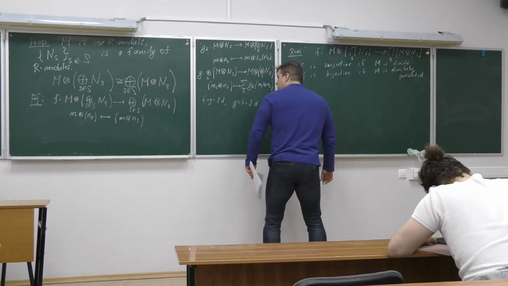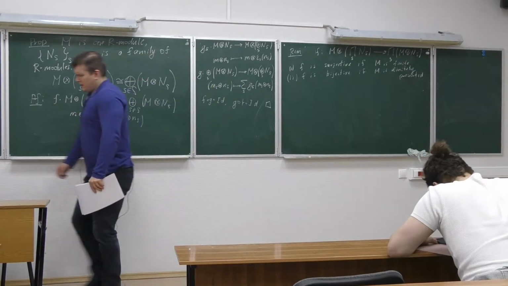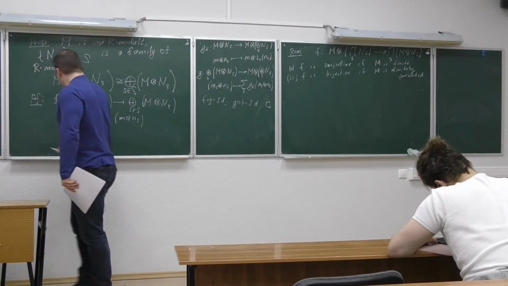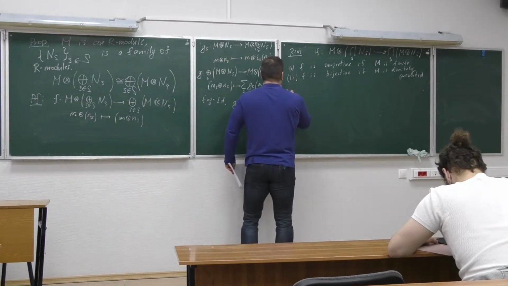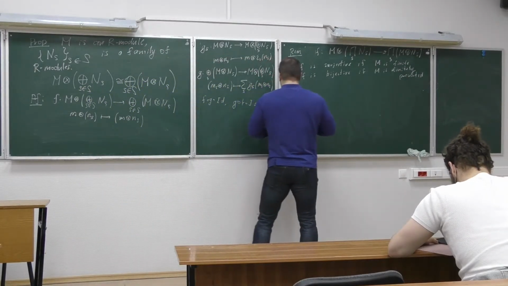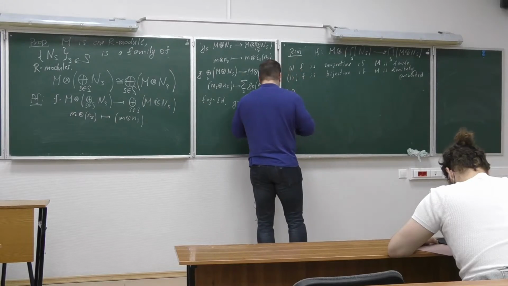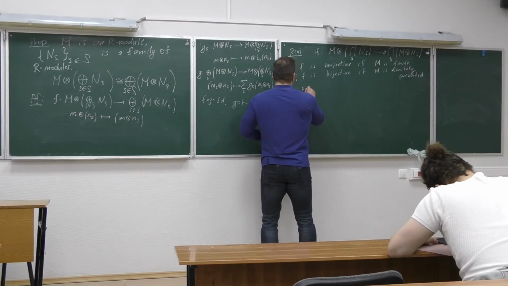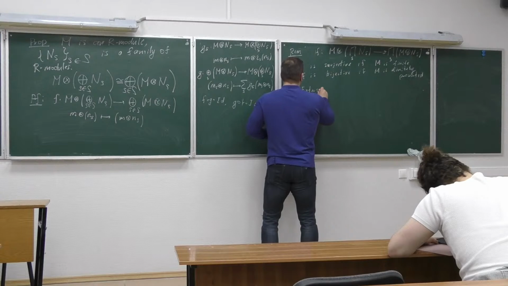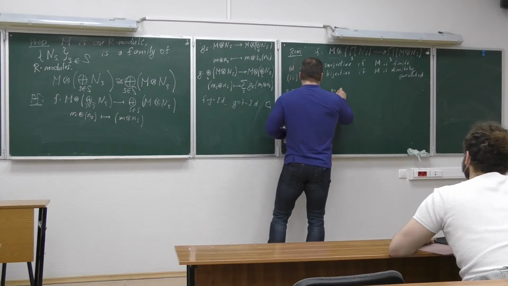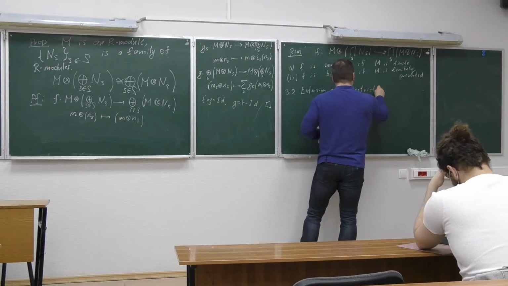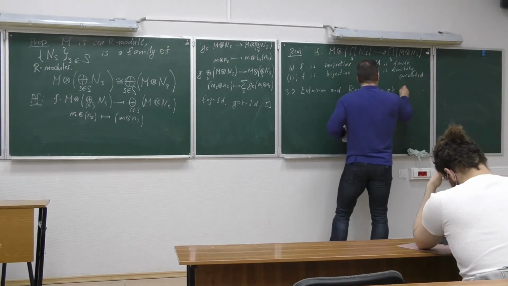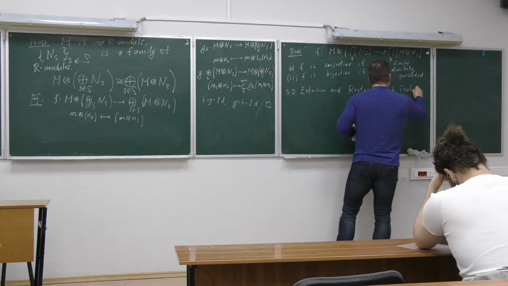Okay, and we go to the next section. Just a quite short section. I just want to mention this, it might be important later. So the extension and restriction of scalars.